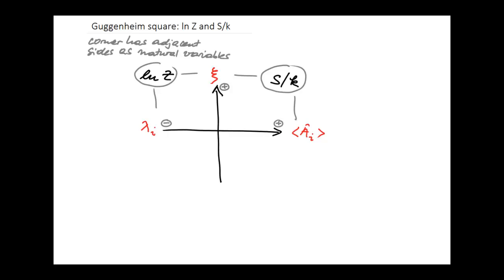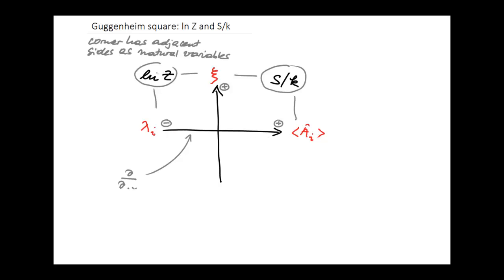Now, let's consider the case of log z. It's a function of xi and of the lambdas. Then you can consider partial derivatives with respect to these natural variables. When I take the partial derivative of log z with respect to the natural variable lambda, then what happens is that I move along the arrow to the opposite end of the arrow.